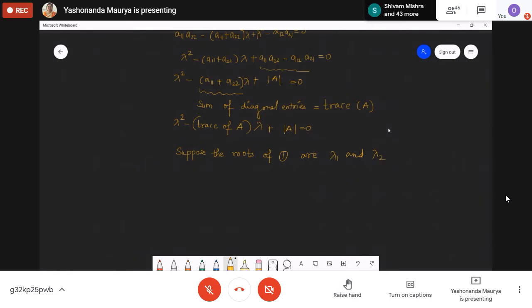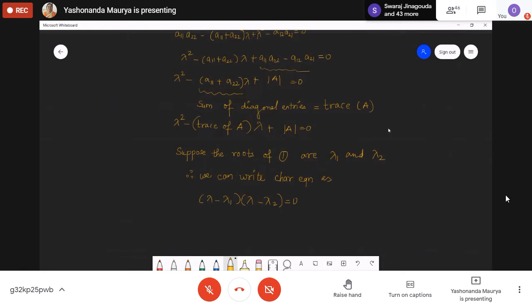What is the meaning of that? Therefore we can write the characteristic equation, since the roots are known and it is only a quadratic equation, as lambda minus lambda 1 into lambda minus lambda 2.